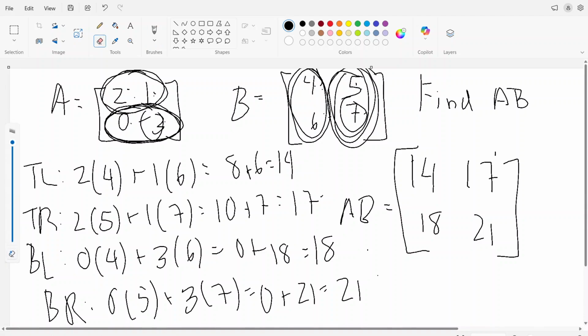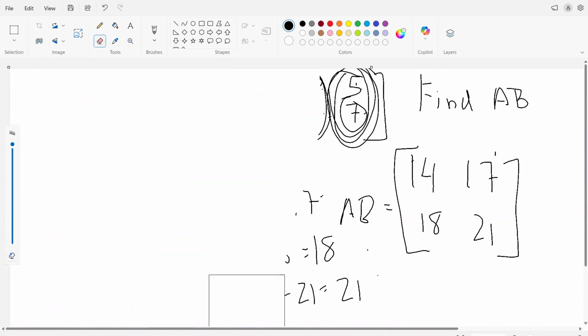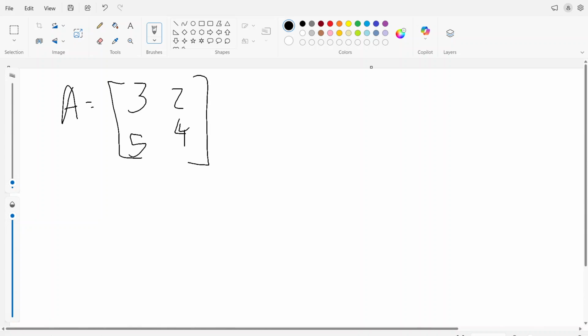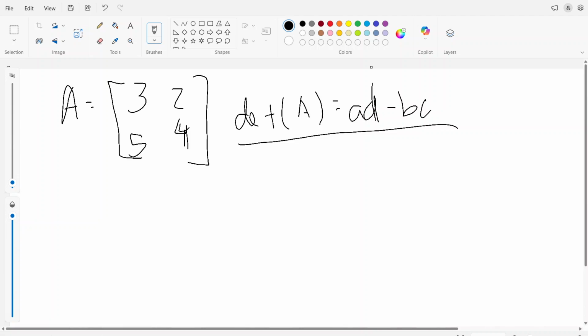Now we're going to move on to another exam problem. Exam problem 3. We want to find the determinant of this matrix. 3, 2, 5, 4. Remember, the formula for determinant is AD minus BC. Remember this very carefully. So identify that 3 is A, B is 2, C is 5, and D is 4, right?